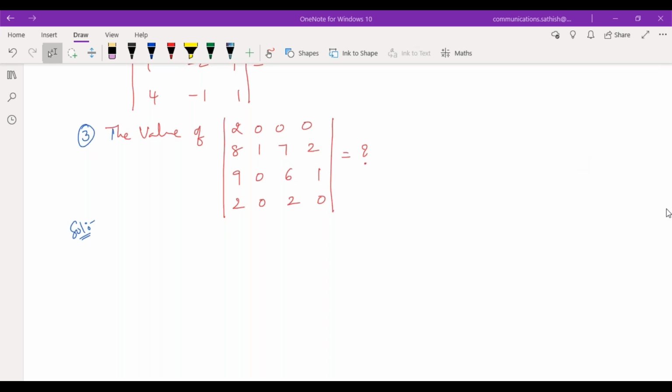If you observe the first row, don't expect it always like this.